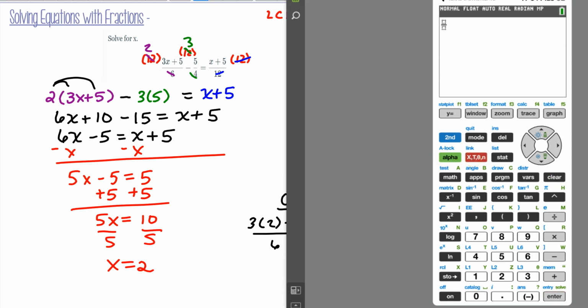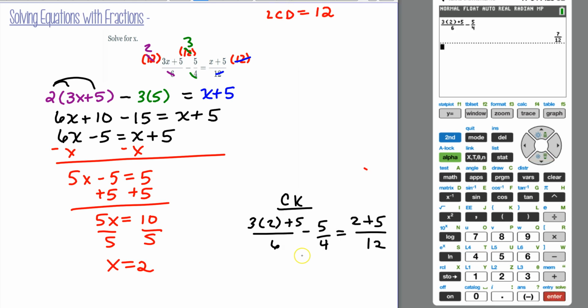So one big fraction, 3 times 2 plus 5 over 6, and then there was minus 5 over 4. When I type that into the calculator, it's 7 over 12. Here, 2 plus 5 is 7 over 12. It does check out.